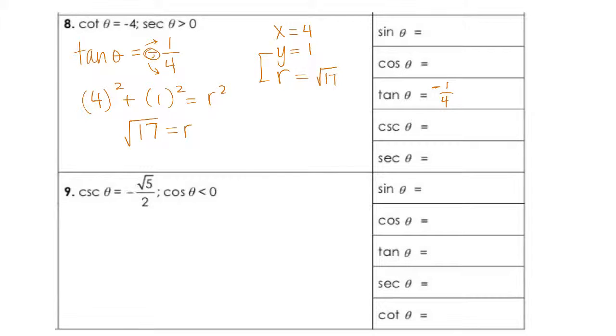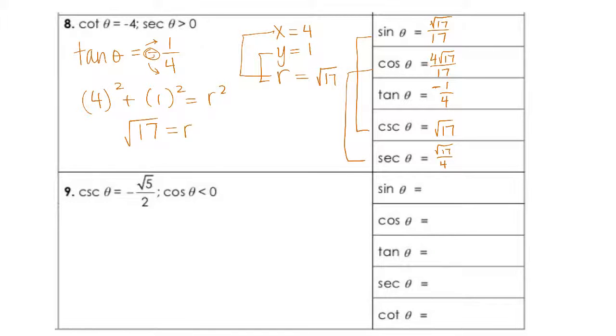So I'm going to have 1 over the square root of 17. If I rationalize that, that's the square root of 17 over 17, isn't it? So then I know automatically cosecant is going to be the square root of 17. And now cosine is going to be x over r. So that's going to be 4 times the square root of 17 all over 17 if you rationalize. And so we know secant then is going to be the square root of 17 all over 4.